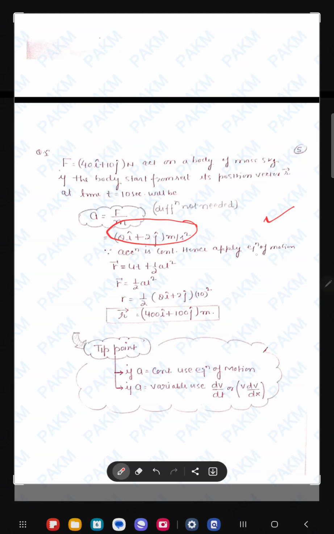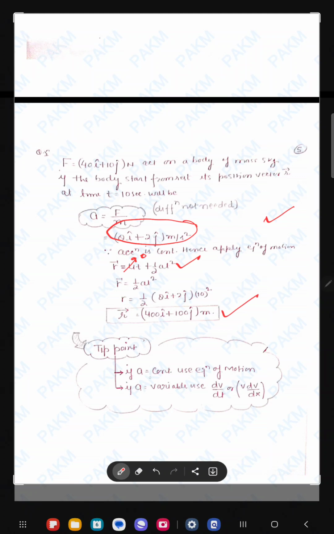When the acceleration is variable, we will use the differential equation. When the acceleration is constant, we can use a simple equation of motion. So s is equal to ut plus half at square; we have taken initial velocity, it was given 0, so r is equal to half at square, put the value of a, and similarly we can get the value of r.